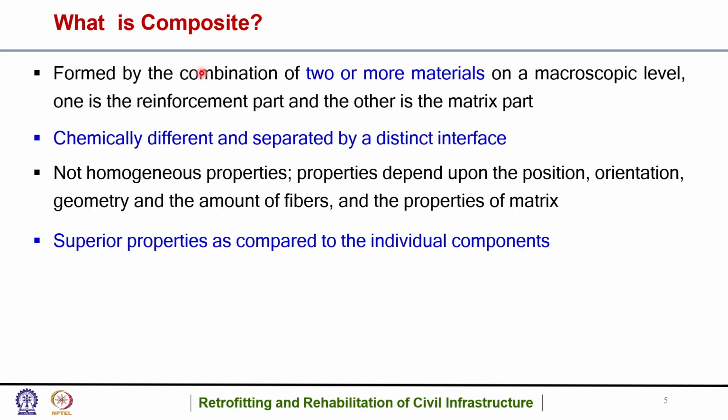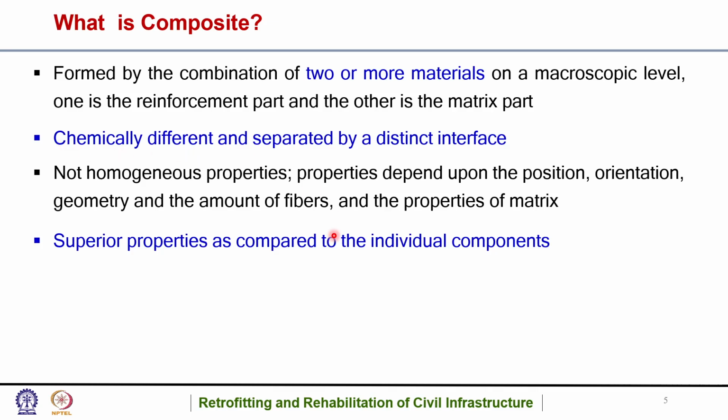So what is a composite? The first question in this fiber reinforced polymer structure. Composite is formed by the combination of two or more materials on a macroscopic level. One is the reinforcement part and the other is the matrix part. The reinforcement is basically the fiber and the matrix is the other part.